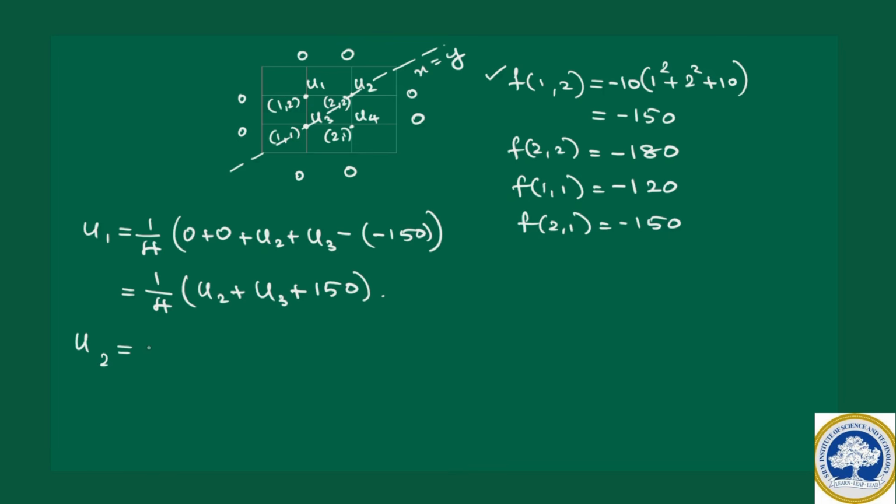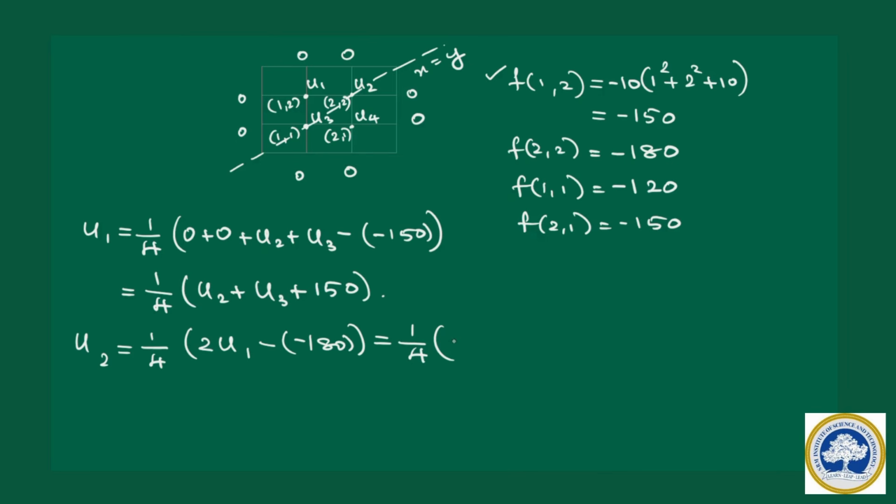Next, let us write the formula for u2. For u2 it is 1 by 4 into 0 plus 0 plus u1 plus u4. Since u1 and u4 are the same, we can write it simply as 2u1, minus the function value for u2, which is minus 180. So this is equal to 1 by 4 into 2u1 plus 180.